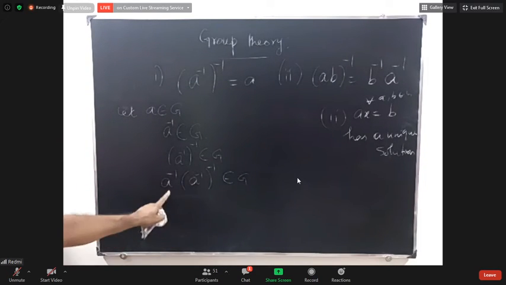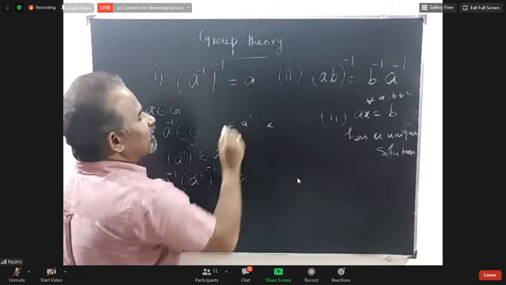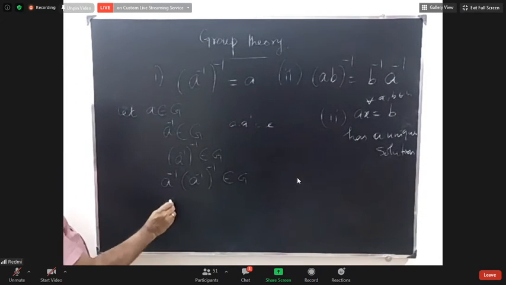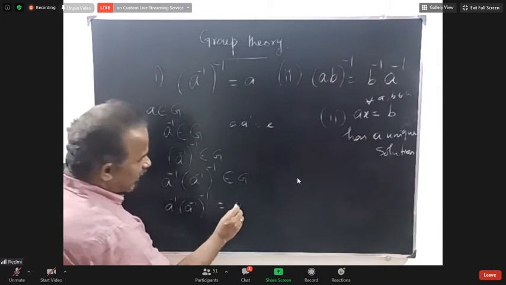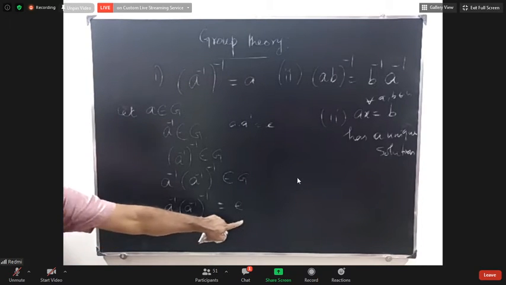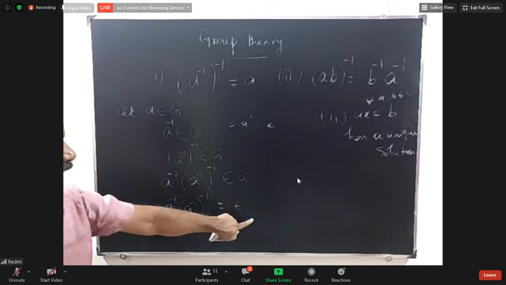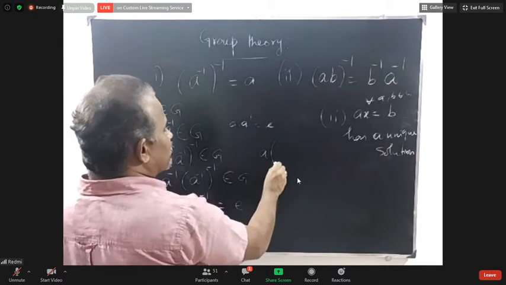And also, A inverse A is equal to identity. So therefore the inverse of A inverse, times A inverse, is equal to identity. Now we can multiply by A on both sides.